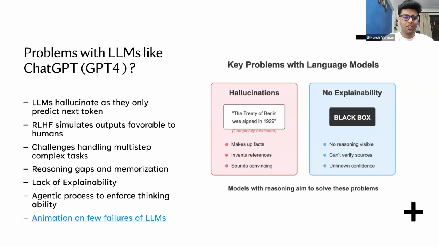That is why we now require reasoning models, which can give us visibility into where the model is getting a particular response and what it is thinking in order to give us that response, instead of just giving us what we need.